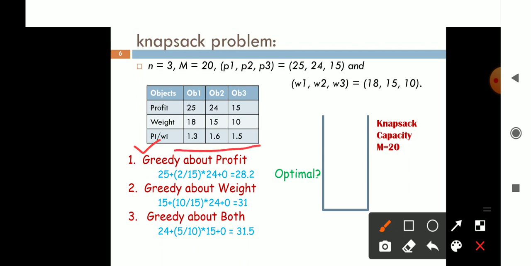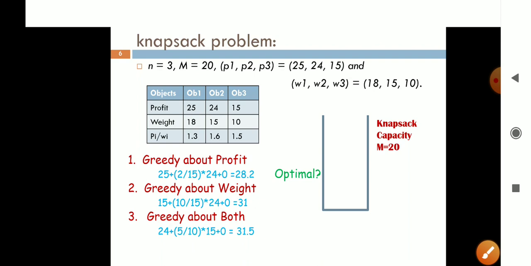That is, 25 divided by 18 is 1.3, then 24 divided by 15 is 1.6, and 15 divided by 10 is 1.5. So that is the benefit ratio here. Now we will see 3 conditions here. We are going to find out the proper solution for this problem.